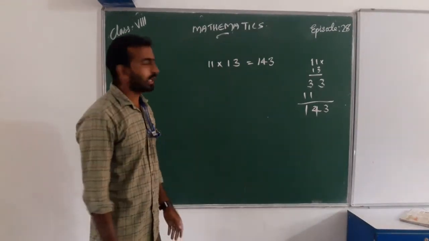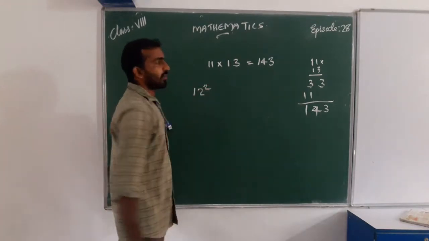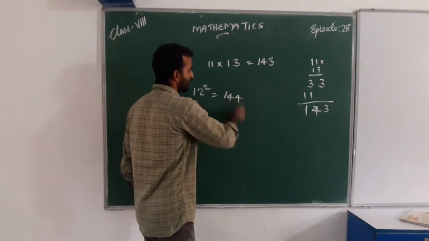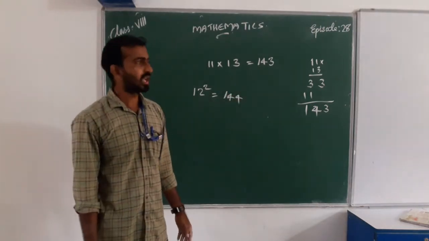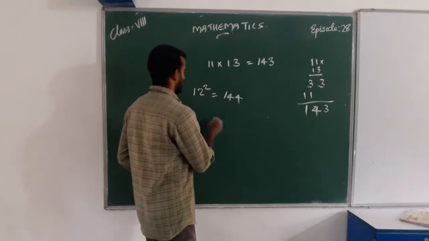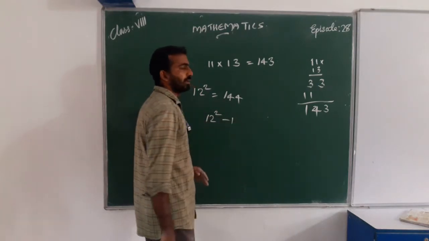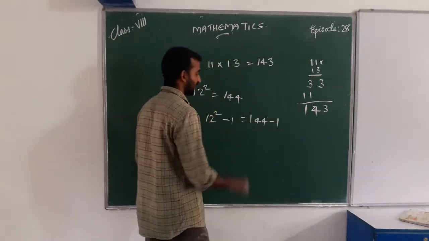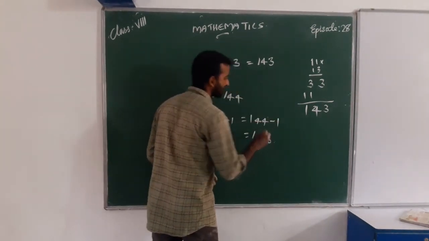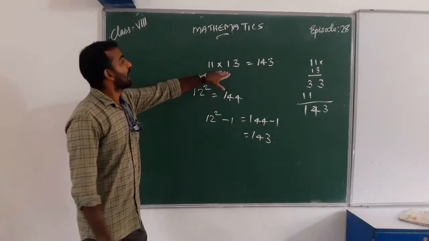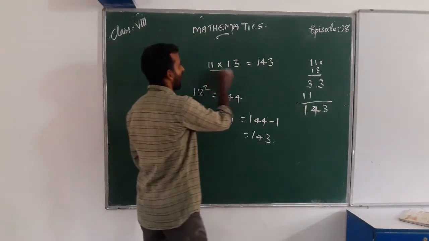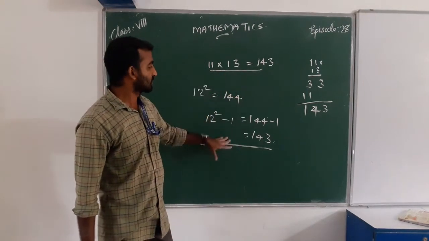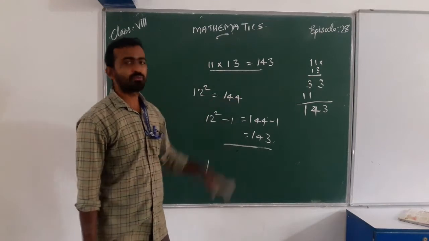We already know 12 square. What is the answer of 12 square? 12 square equals 144. We can take 12 square minus 1, that is 144 minus 1, which is 143.